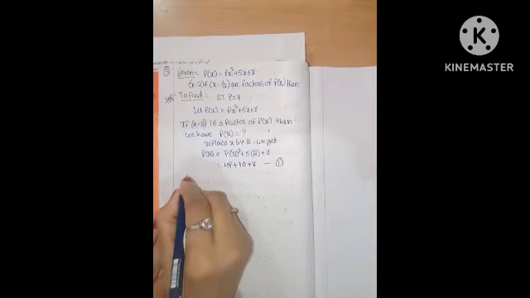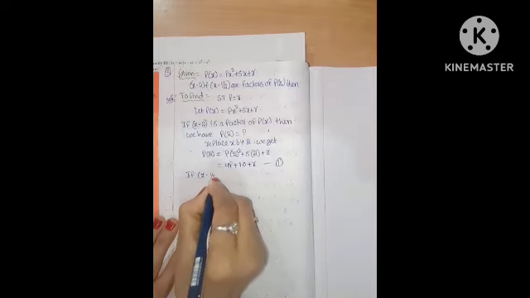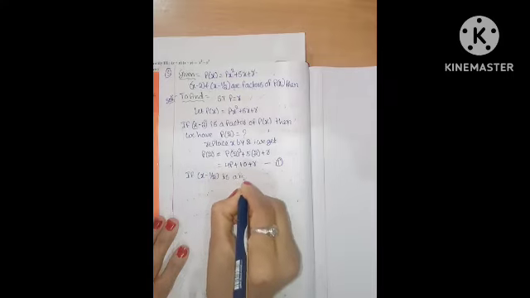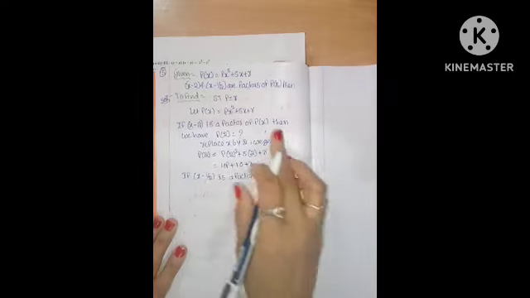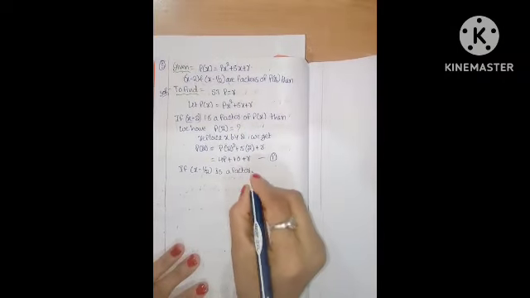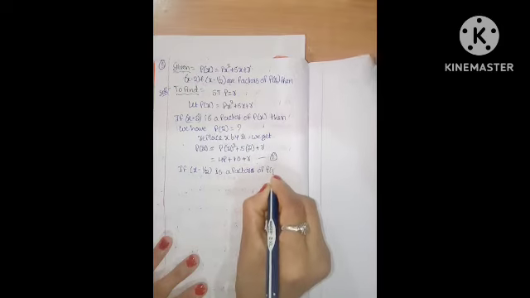Next, the other factor. What's the other factor? x minus 1 by 2 is a factor of P of x.